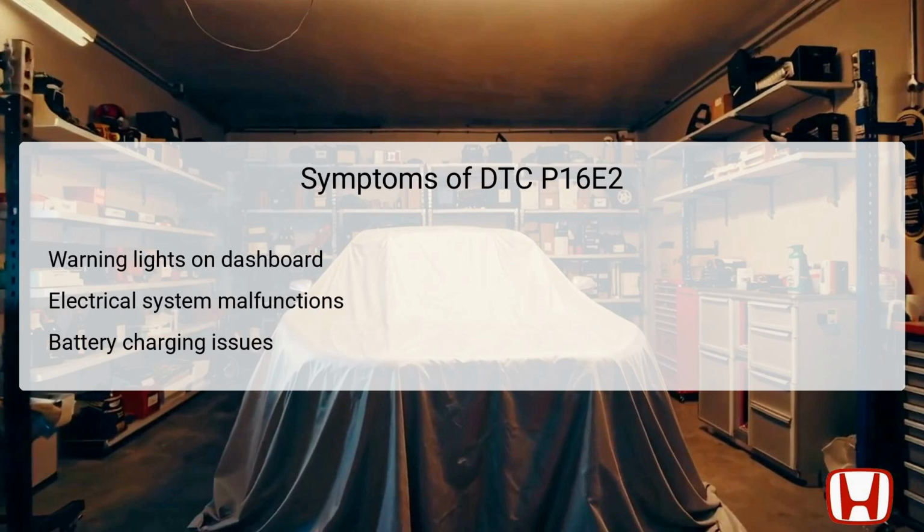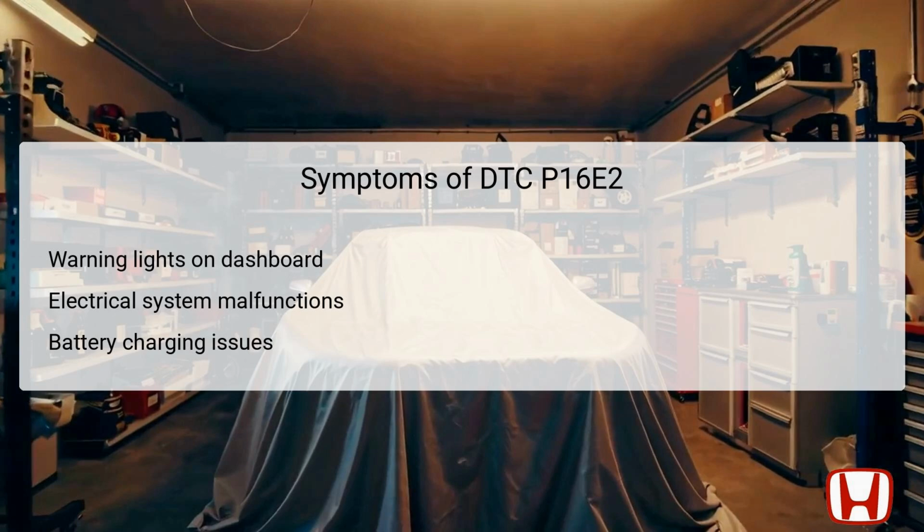When DTC P16E2 is stored, several symptoms may present themselves that should not be overlooked. One common indicator is the illumination of warning lights on the dashboard, particularly those related to the engine or charging system. Drivers may notice electrical system malfunctions, such as dimming lights or issues with power accessories, indicating that the alternator isn't generating adequate power.